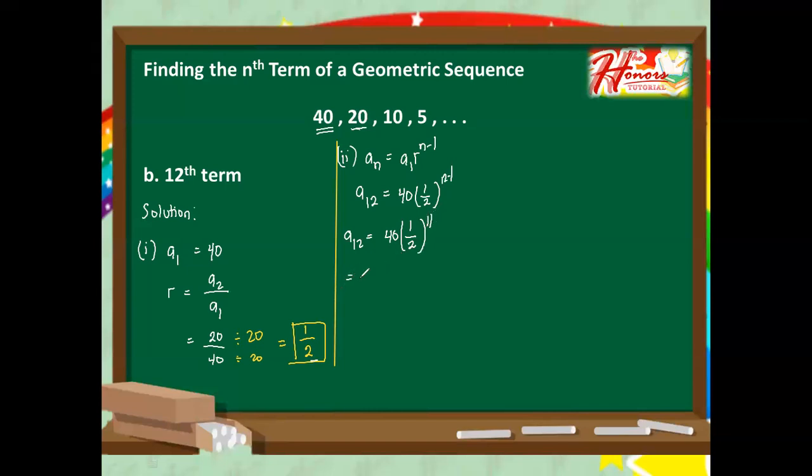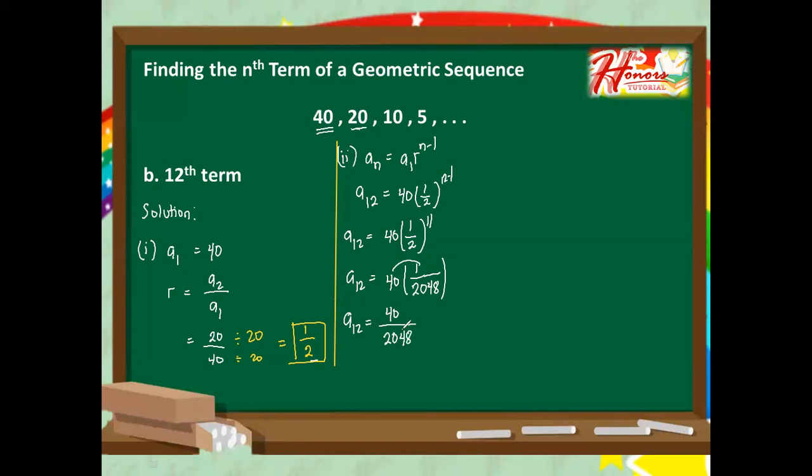And then let's raise it first to 11. So A sub 12 is equal to 40 times 1 raised to 11 is 1. Let's have 2 raised to 11. That is 2048. So A sub 12 is equal to 40 times 1, that's 40, over 2048.